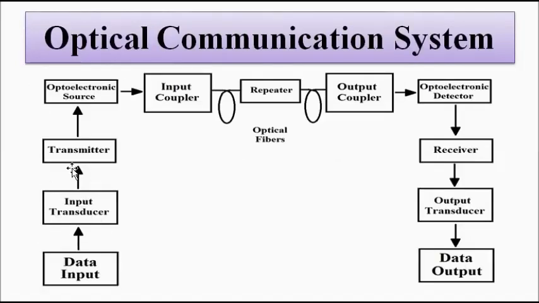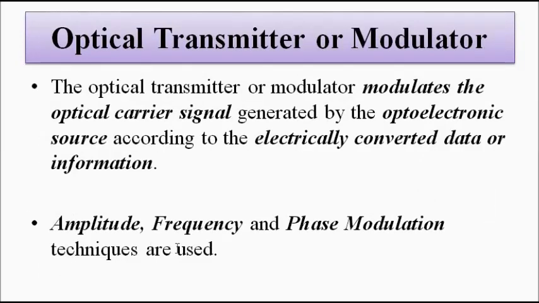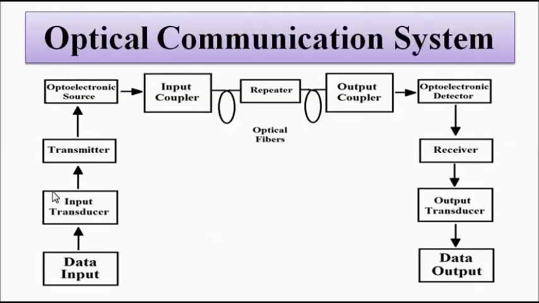Now the next, which is the optical transmitter or the optical modulator. The signal at the output of the input transducer is generally of very low magnitude, and the energy content is low. So if we transmit it as it is, then it cannot cover much distance.